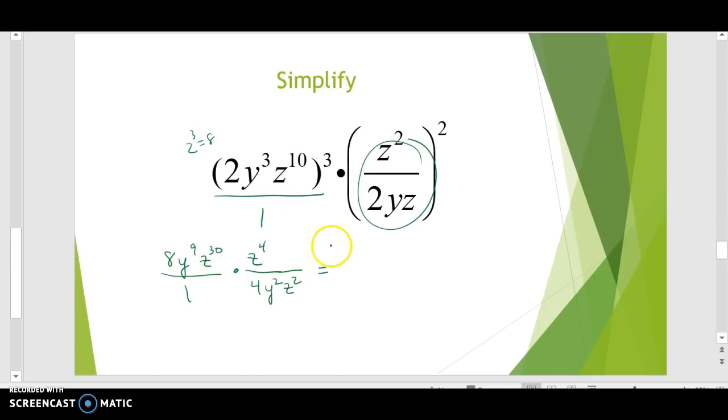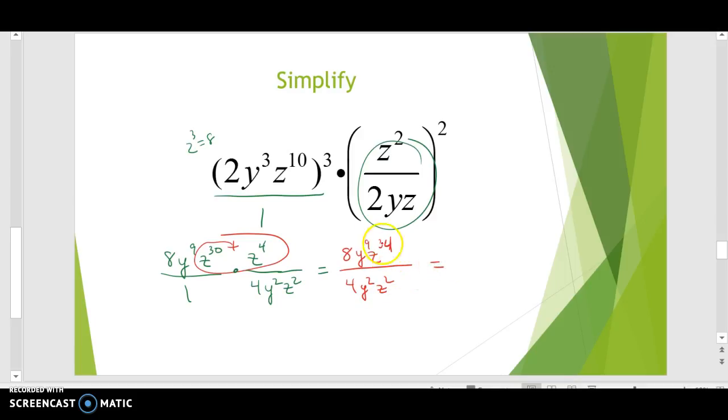Now, when I multiply across the top, I'm going to get 8, y to the 9th. Then, when I multiply these z's, I'm going to add those exponents to get z to the 30 plus 4 is 34. Over 4 y squared z squared.